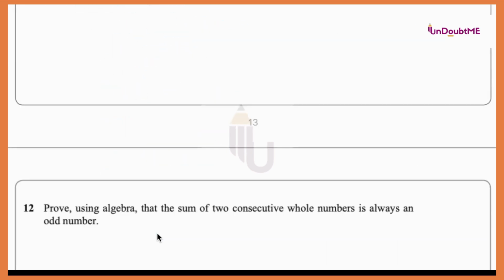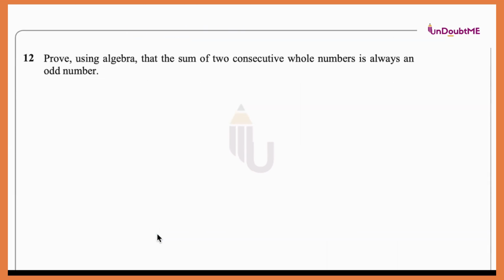Moving on. Prove using algebra the sum of two consecutive whole numbers is always an odd number. Consecutive whole numbers start from 0, so I can take n and n plus 1. There is no condition for even or odd, so don't worry about that. Let the two numbers be n and n plus 1.